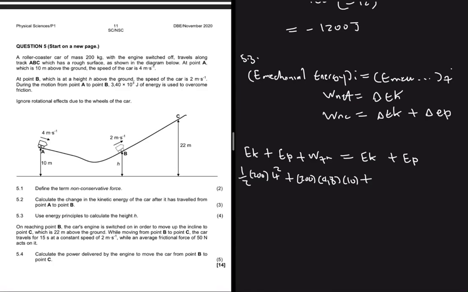But then because friction opposes the motion, we're supposed to put it with a minus sign, right? That is negative work.